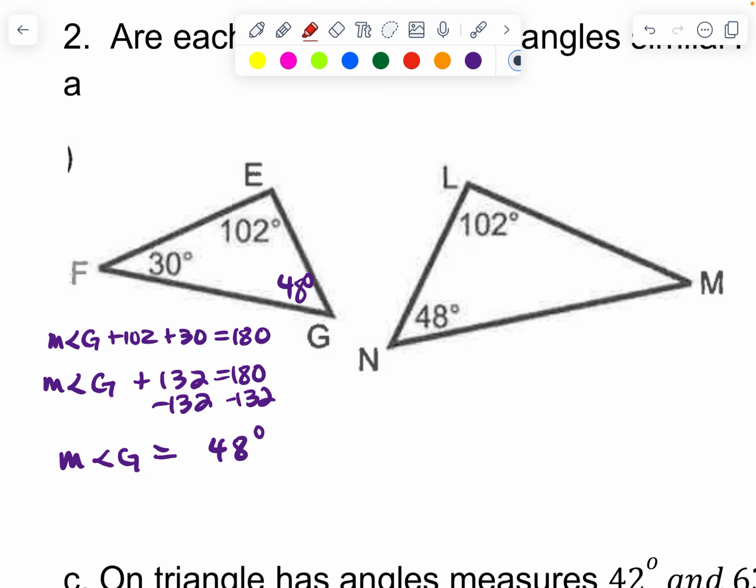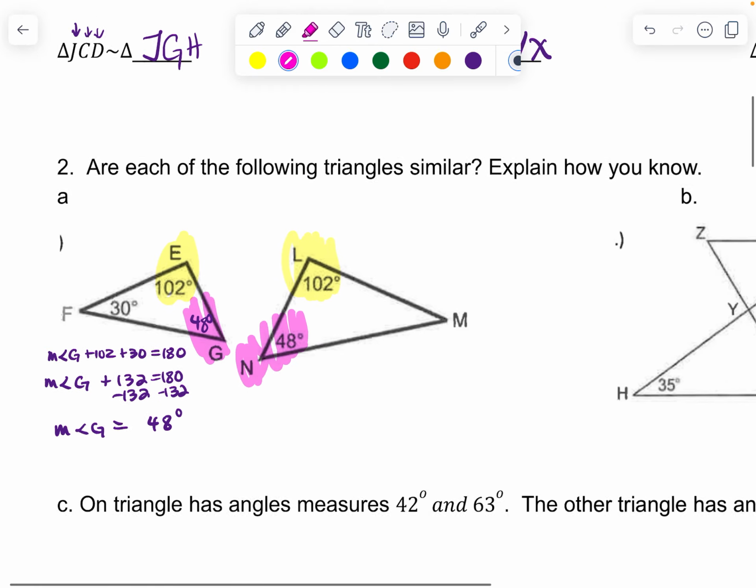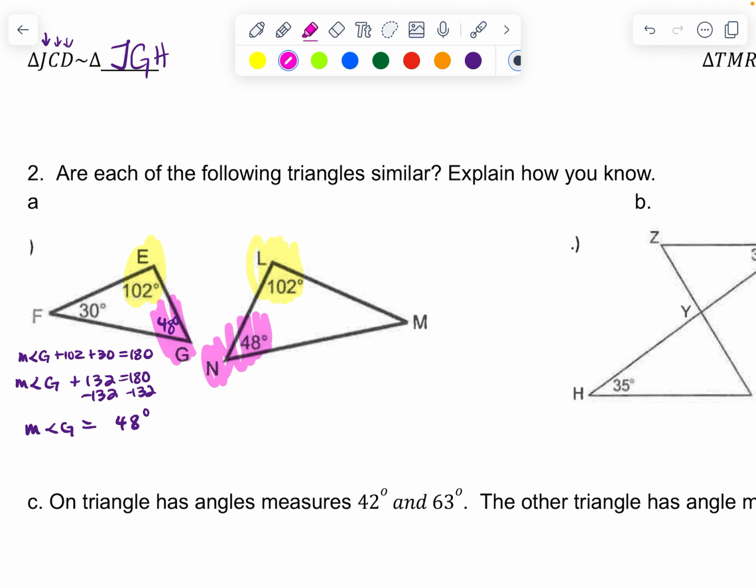And if I look at this, angle E is 102, angle L is 102. Angle G is 48, angle N is 48. So two angles in a triangle are congruent to two angles in another triangle, then the two triangles are similar.